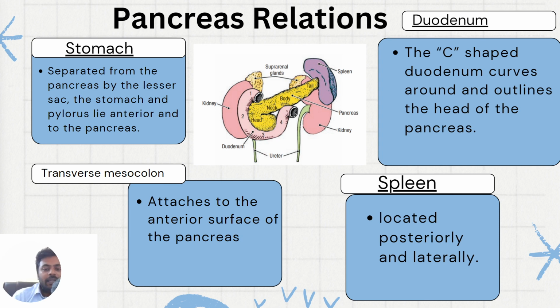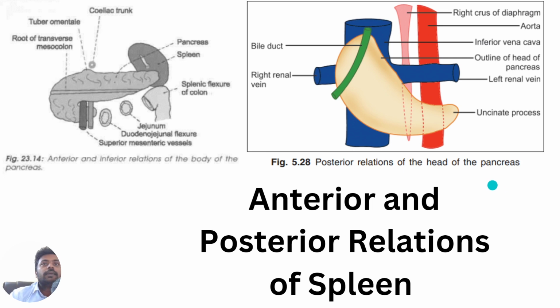The spleen is located posteriorly and laterally to the pancreas. These are the anterior and posterior relations. Among the posterior relations, the bile duct passes through it.